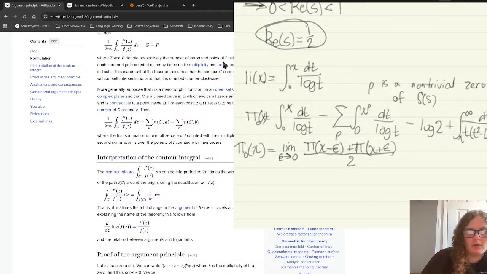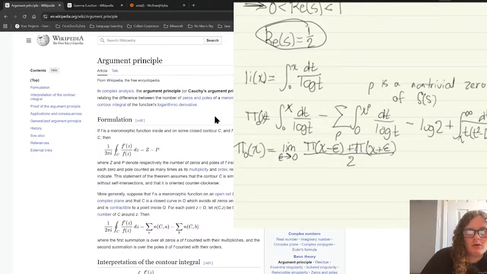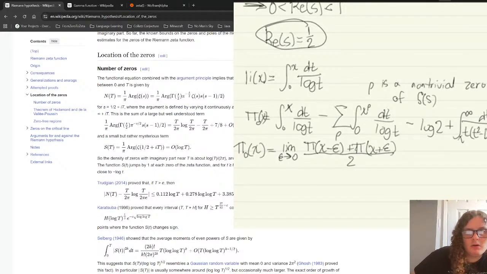All right. So the functional equation combined with the argument principle implies the number of zeros of the zeta function with imaginary part between 0 and t is given by... okay, so we get, with imaginary part between 0 and t.